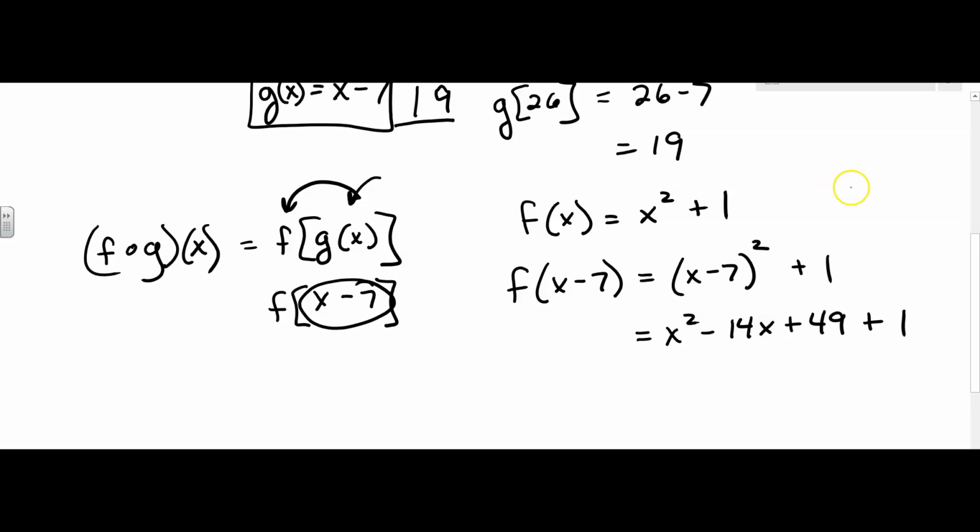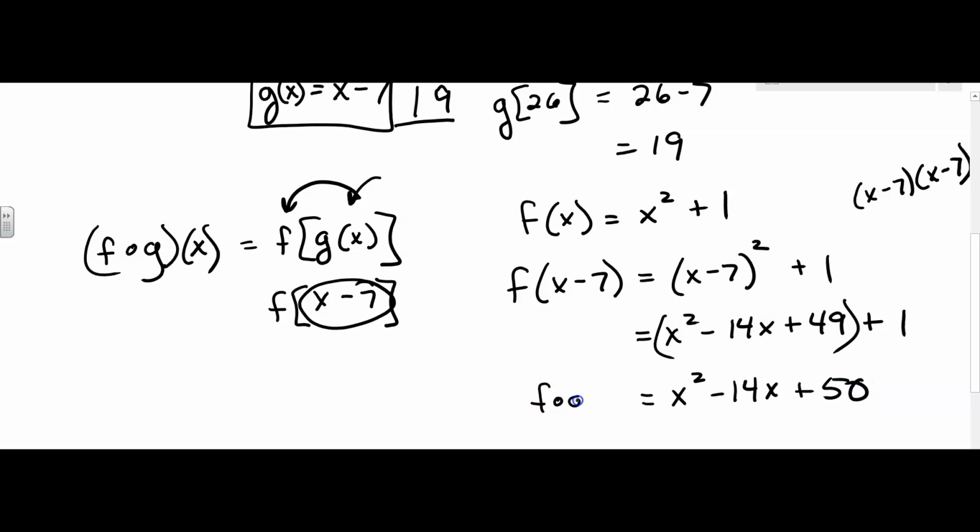So I think I might have gone over that in another video, but if you don't remember how to square a binomial, you could write it out and use FOIL. But you're going to get this part right there. That's the squaring of the binomial. And then we have that plus 1. So we would simplify that into x squared minus 14x plus 50. And so that would be, in this case, f compose g of x.